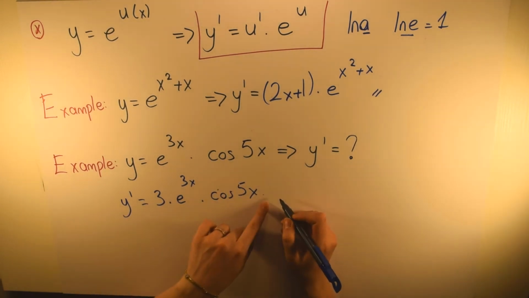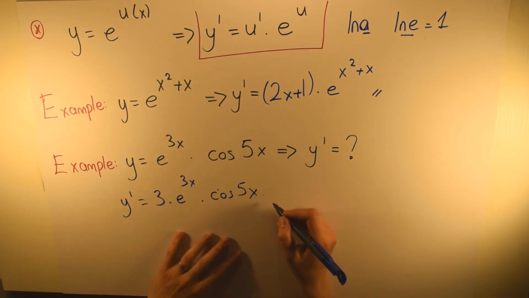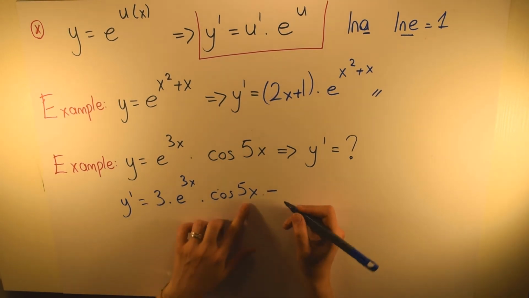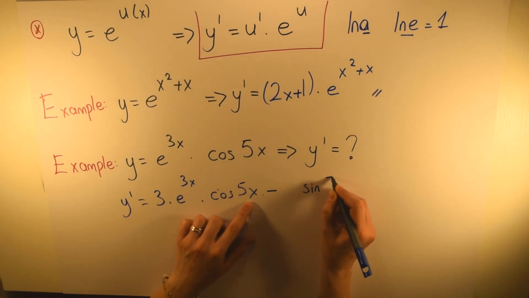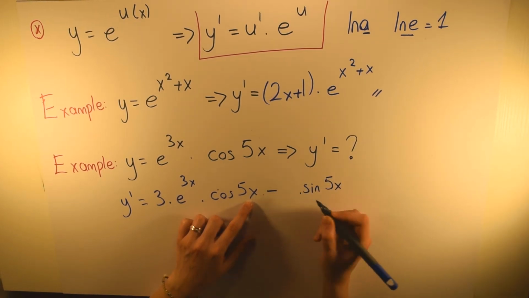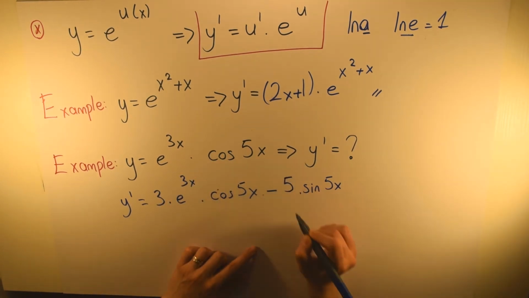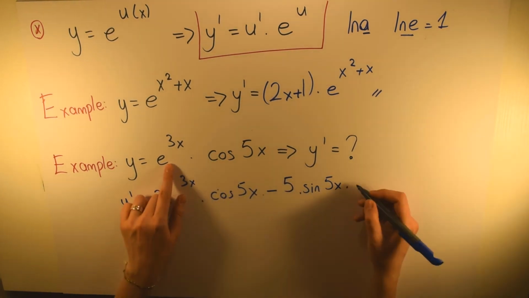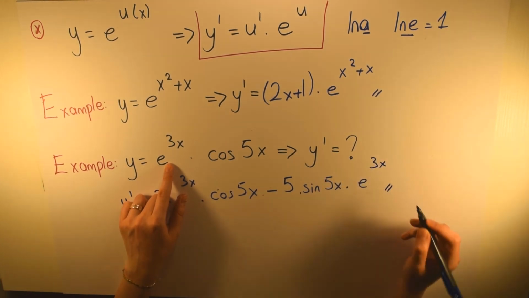And then it's plus, but since the derivative of cosine is minus sine, I put here minus, okay? So it's minus sine 5x, and also I should take the derivative of this 5x, which is equal to 5 times the first one, e to the power of 3x.